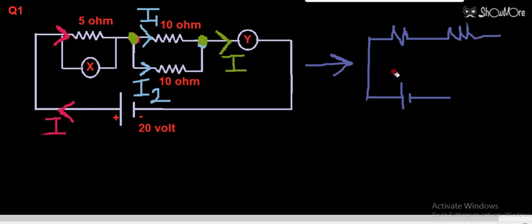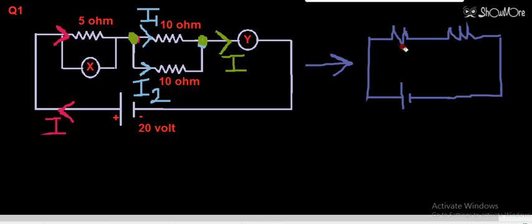When two 10 ohm resistances in parallel combine, it will give me 5 ohm. So it will be 1 by 10 plus 1 by 10. So 10 and 10 in parallel will give me 5 ohm. Now see what will happen.